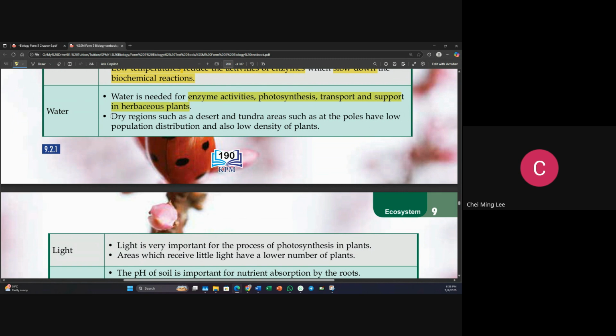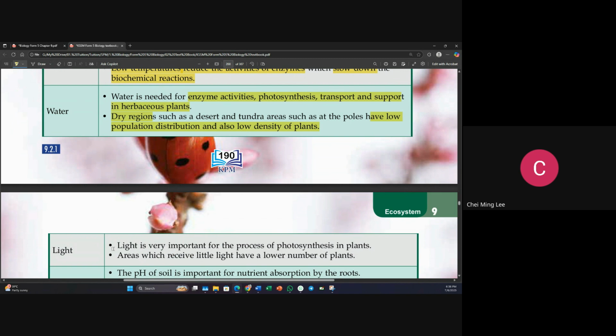So some dry regions like desert and tundra. Tundra, although surrounded by ice, is still dry, like your aircon, which is actually quite dry. Similarly, the poles have low population distribution and also low density of plants because it's an extreme environment, not suitable for living.